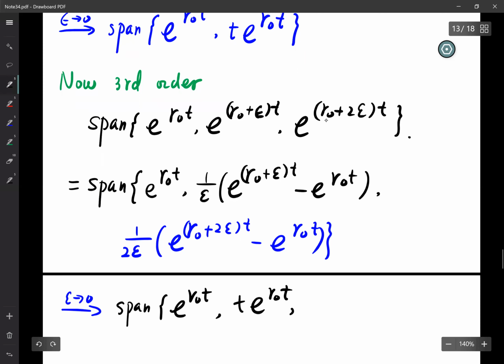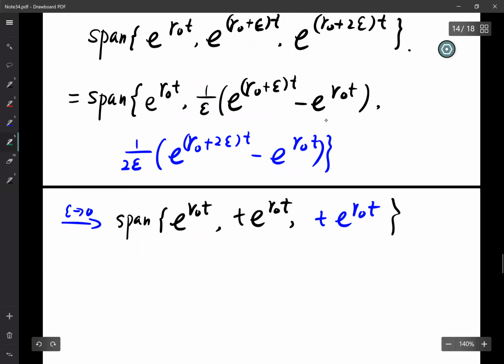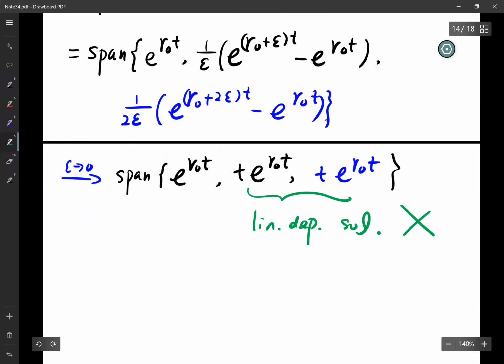This is again t times exponential r0 t. So the 2 epsilon just cancel here. I got 2 linearly dependent solutions. So this does not work. How to make it work?